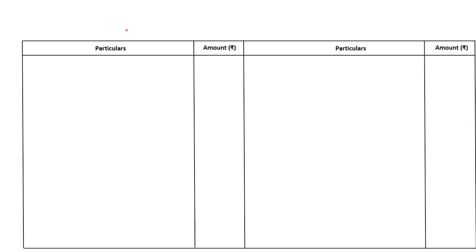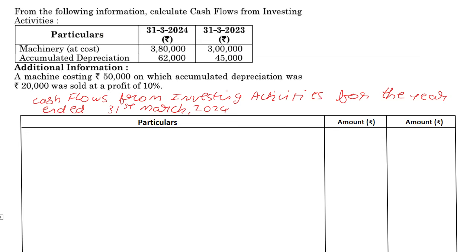So here, machinery account. Next, accumulated depreciation account.